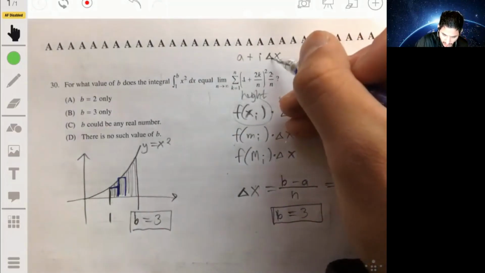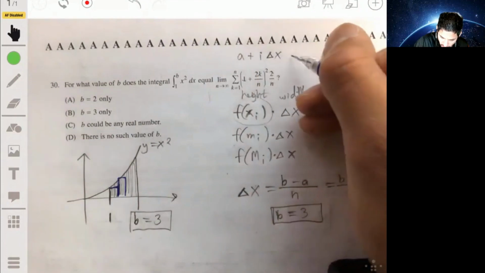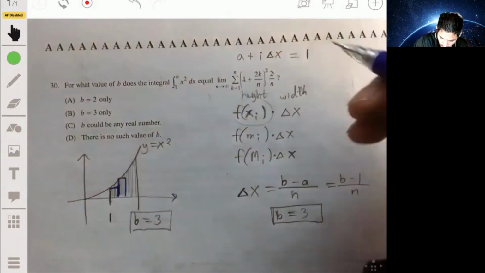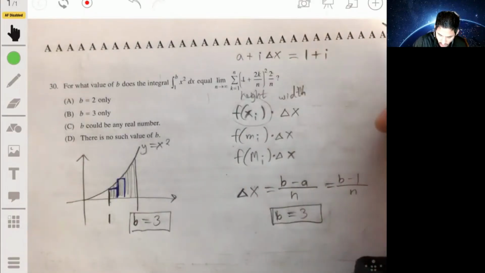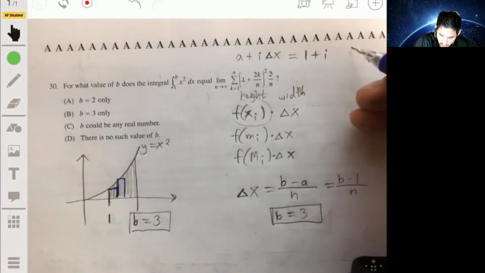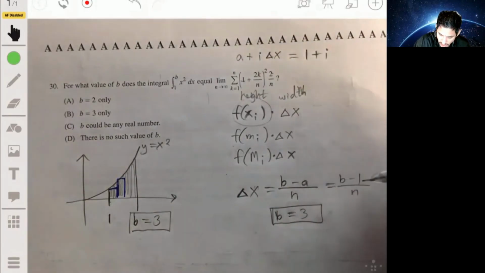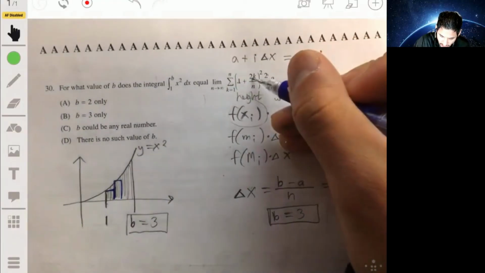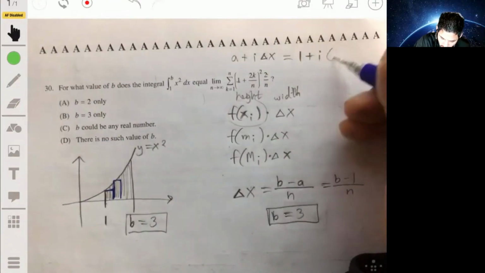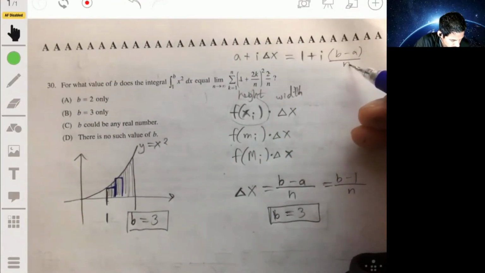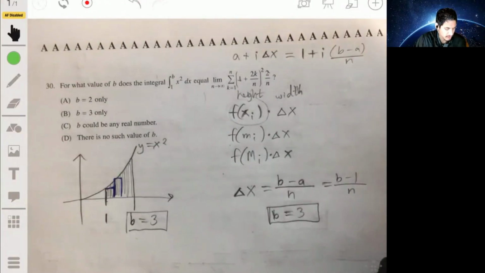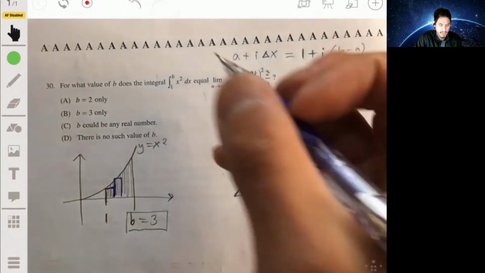Again, a is the 1, plus i times delta x, which will be the b minus a, or the b minus 1, and you'll get 2 again. So in either case, it'll still work out the same. So your answer will be B.